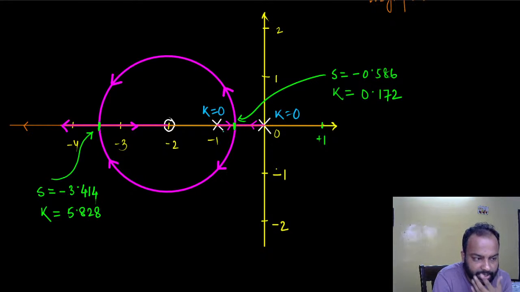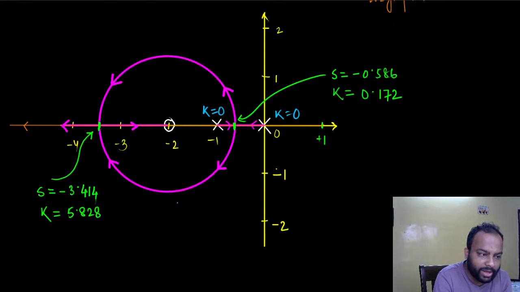They approached each other, and at gain k equal to 0.172, they met at the point s equal to -0.586, and that was the breakaway point from which they broke away, and then they become complex conjugate pole pairs following a circle.